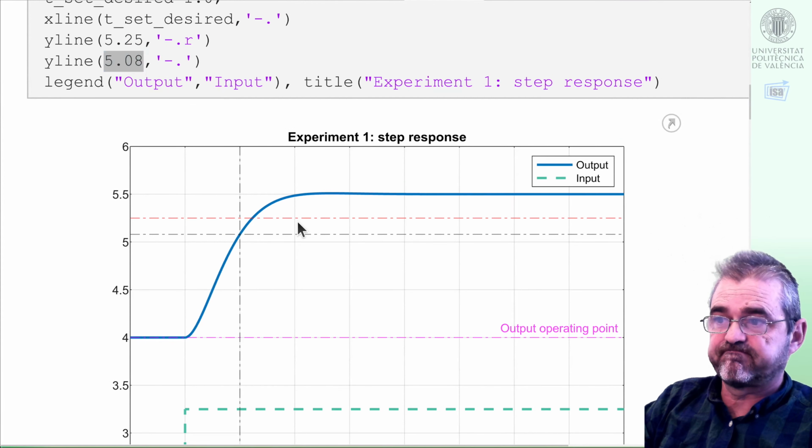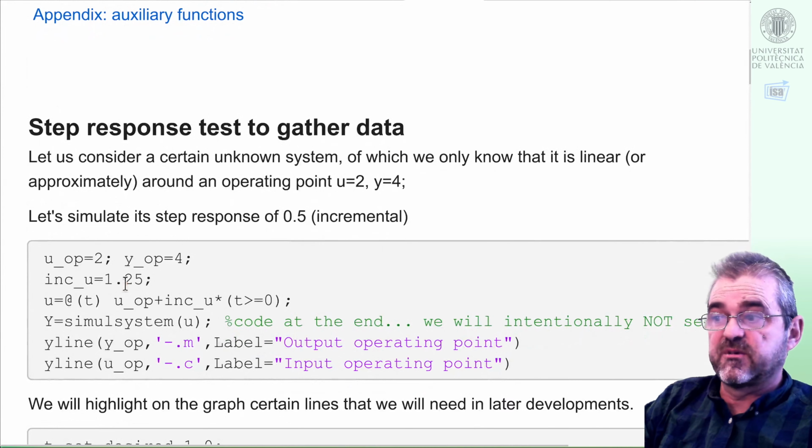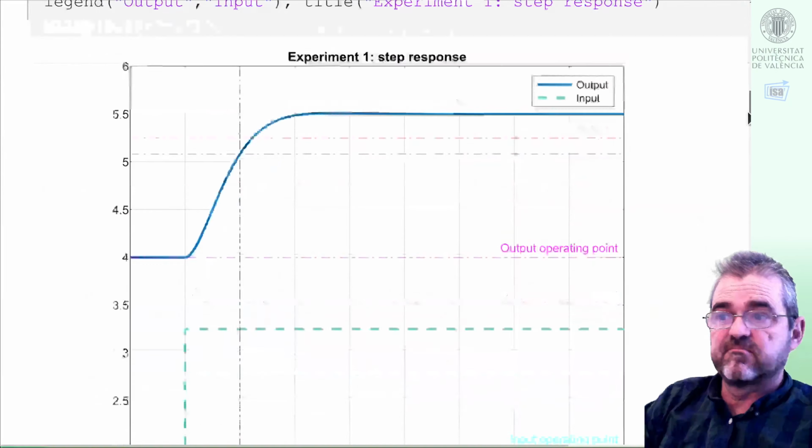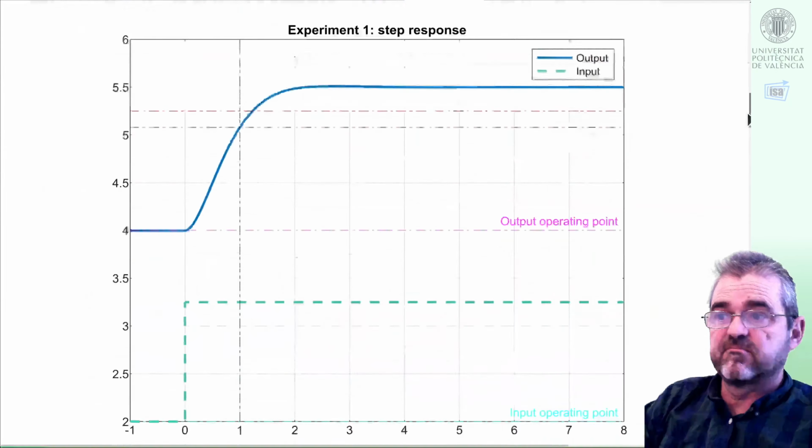If we wish to compute the equilibrium value of the input so that our desired value of 5.25 is reached, then our actual experimental measurement of increment of output is 1.5. The increment of input was 1.25, so the proportionality constant per unit input is this quotient, 1.2.